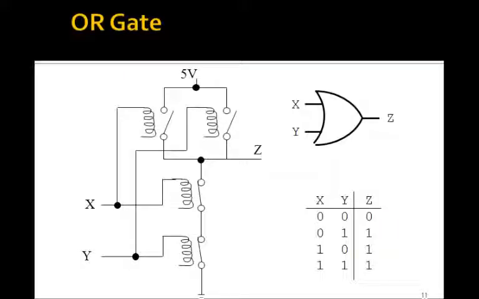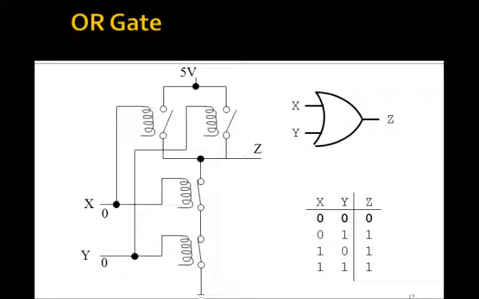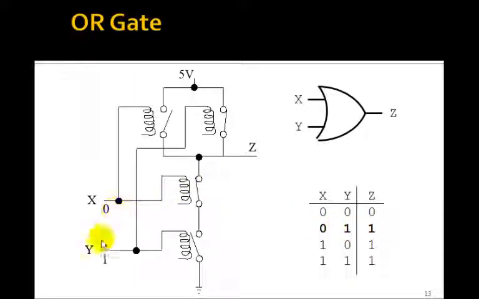How about an OR gate? Well, as you might expect, here we put the 2 normally open ones in parallel and put the normally closed ones in series. So again, if they're both 0, both of these are closed, we go to ground, the output's 0. If we make Y 1, that closes this one, so now we have a connection up to 5 volts.